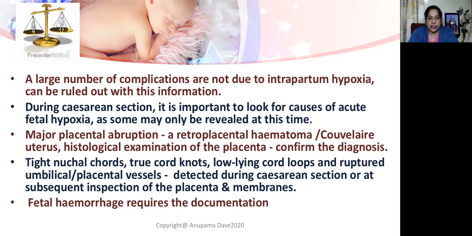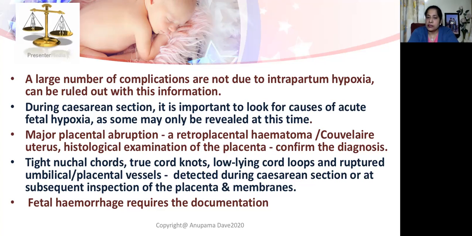During cesarean section, it is important to look for causes of acute hypoxia which may be revealed at that time. If there is a major placental abruption, the presence of a retroplacental hematoma or a Couvelaire uterus is to be documented. In some cases, histological examination of the placenta can be done to confirm the diagnosis.